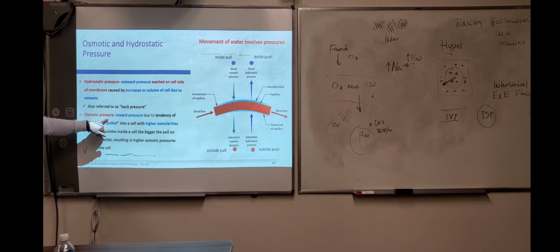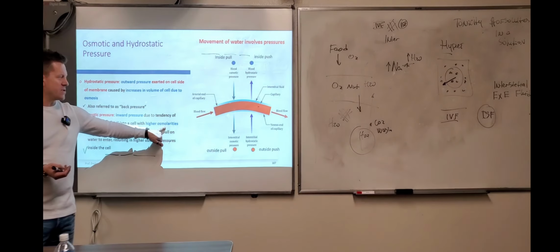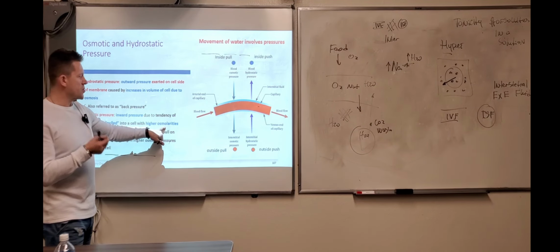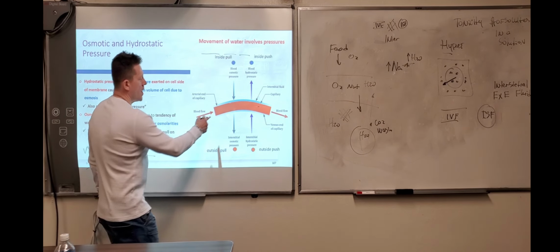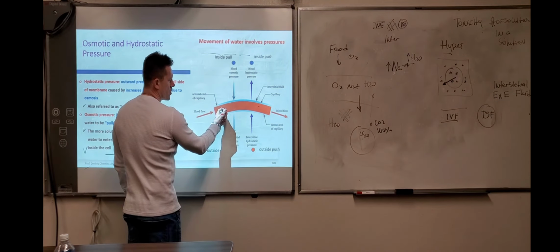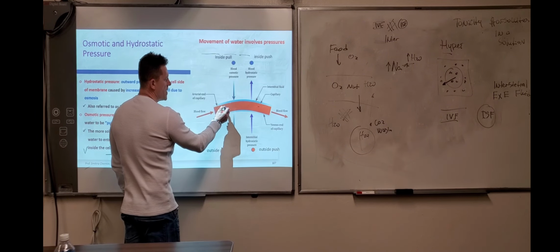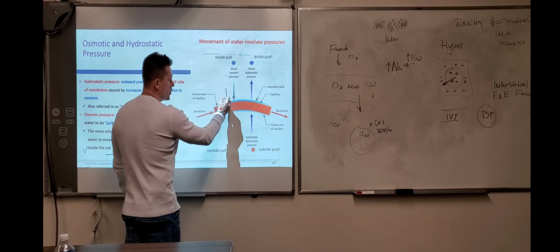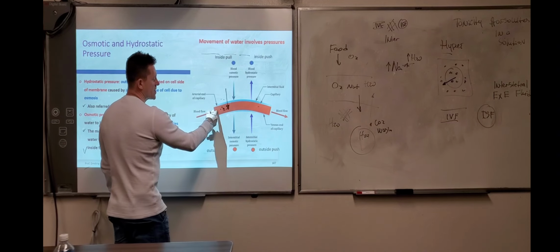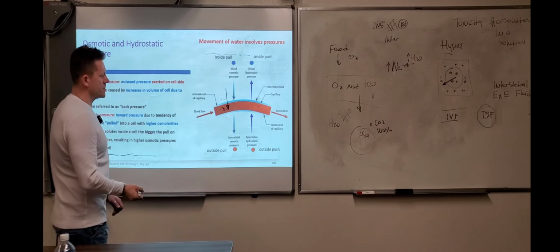Osmotic pressure. Water will be pulled into a cell with higher osmolarity, the concentration of solutes in the solution. So high intravascular pressure means here you have more solutes and here you have fewer solutes, so the water will go towards the highest concentration gradient of the solutes.